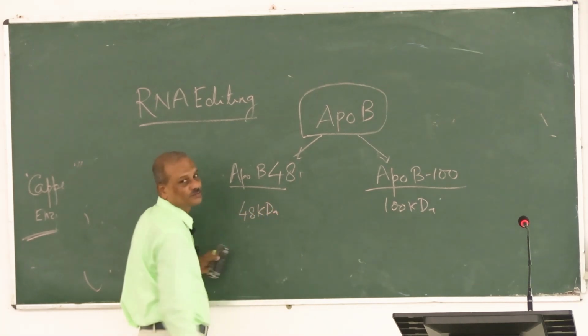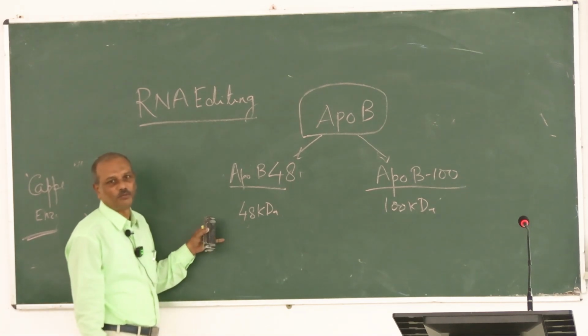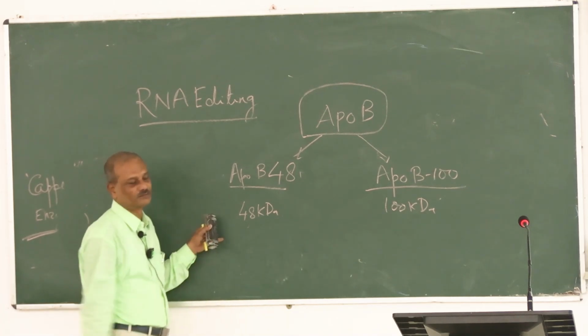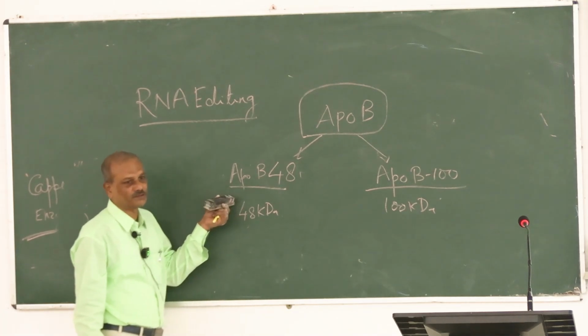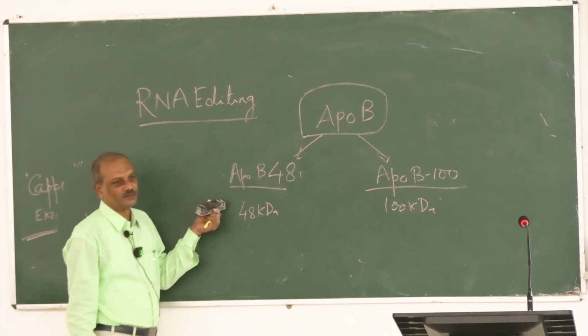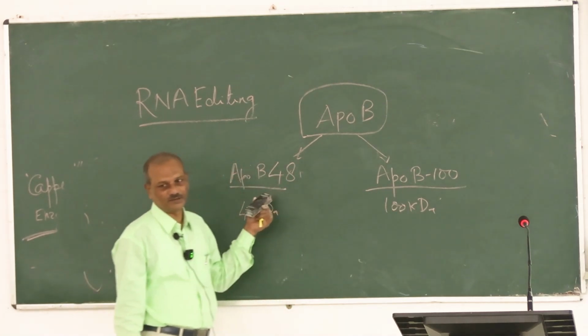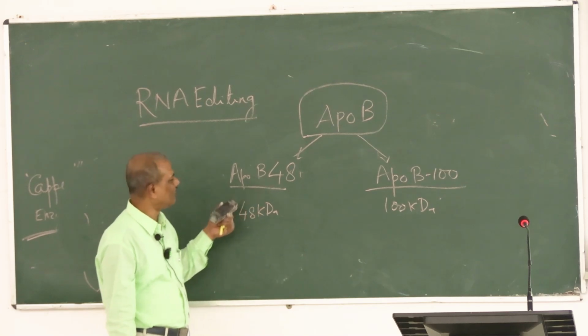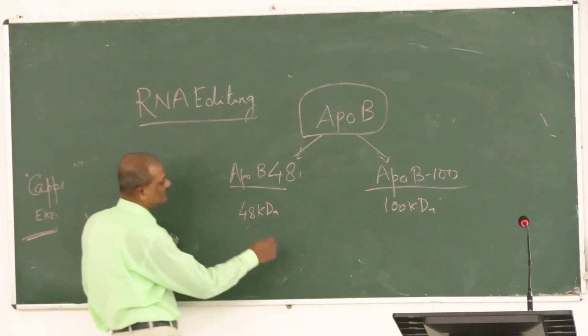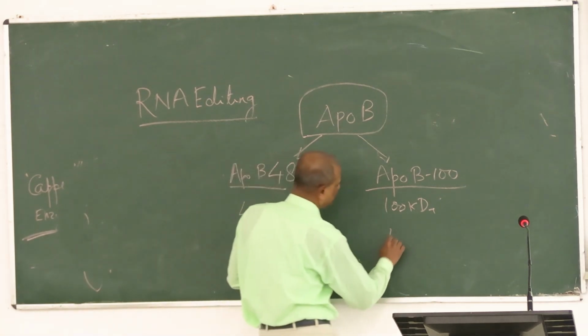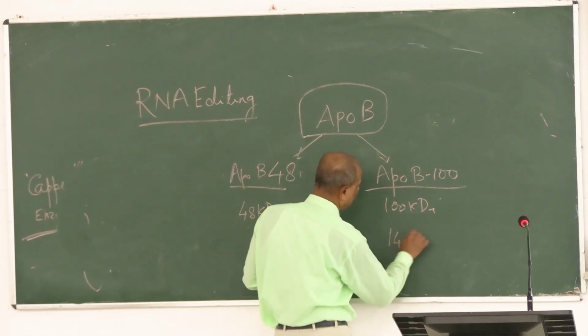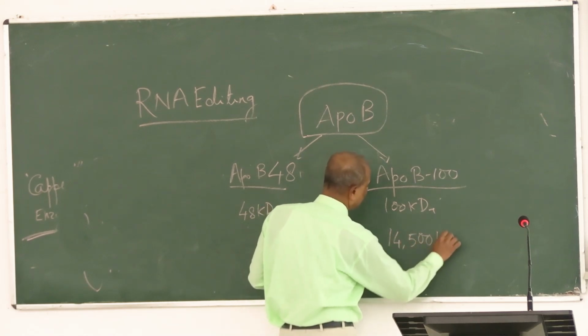That means it is almost 48% of that one. So this is a truncated version of the protein. If it is the whole protein, this is a truncated version. And how is it done? The gene has a nucleotide length of about 14,500 base pairs.